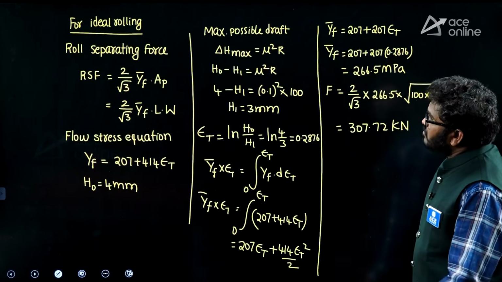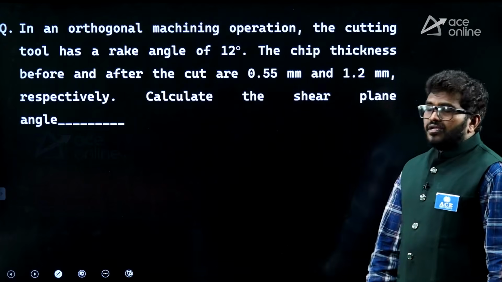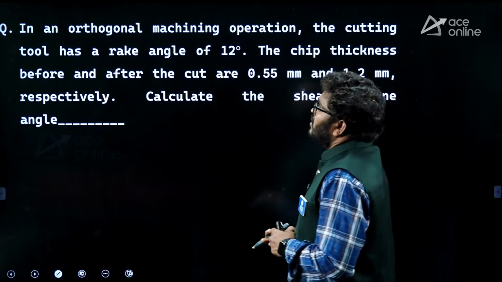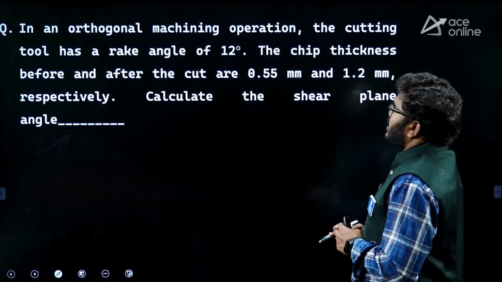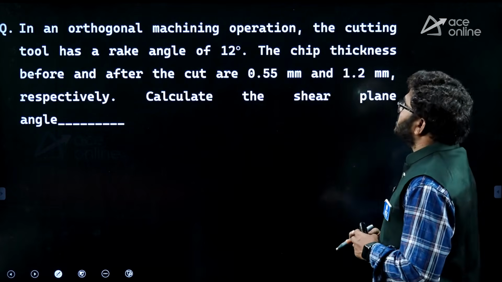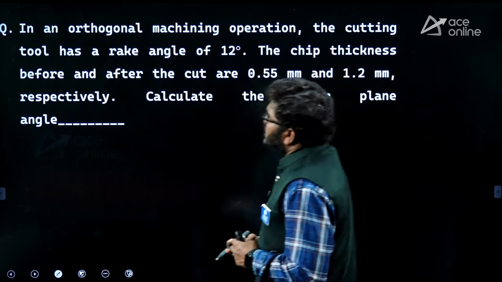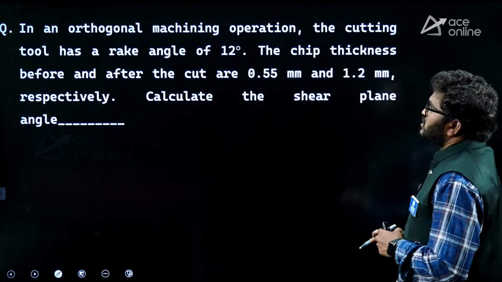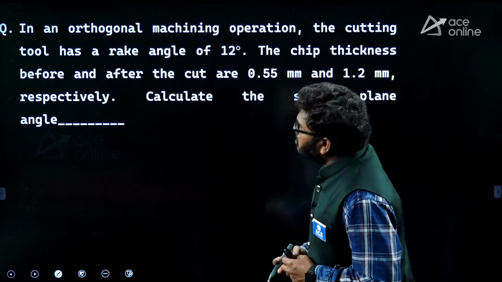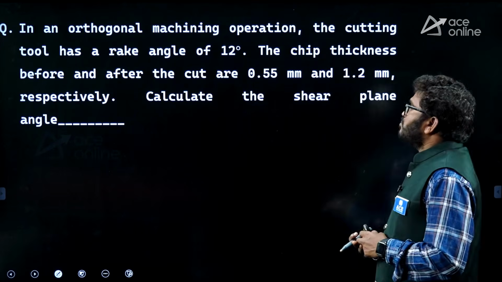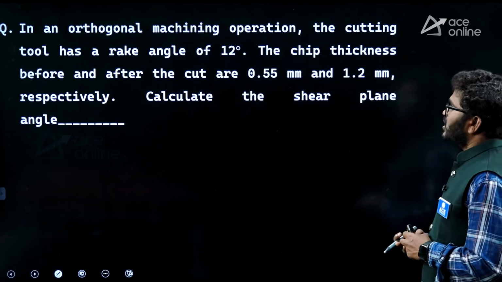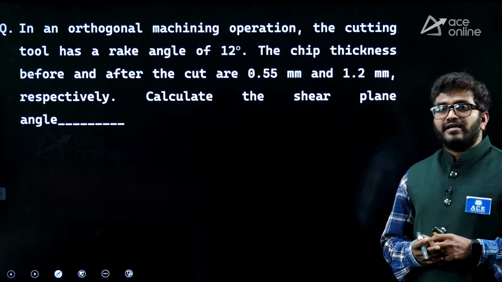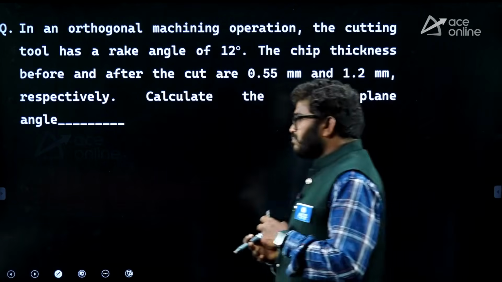Right. Now the question is actually from metal cutting. In an orthogonal machining operation, the cutting tool has a rake angle of 12 degrees, and chip thickness before and after the cut are 0.55 mm and 1.2 mm respectively. Calculate the shear plane angle. So, they are asking for shear plane angle.